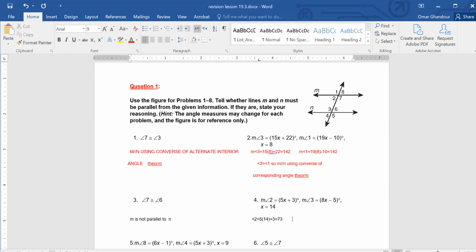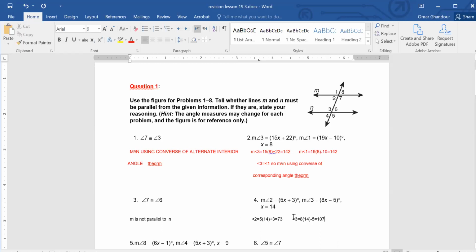Then let's do the same thing for angle 3. Angle 3 is going to be 8 multiplied by 14, minus 5. The result is 107.